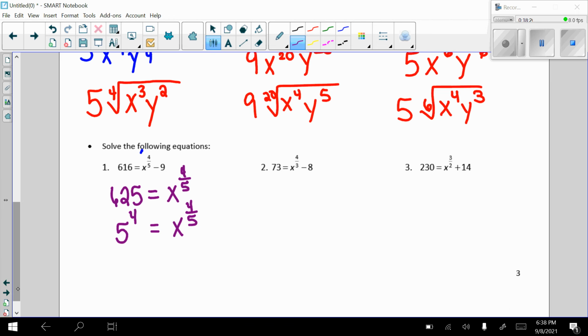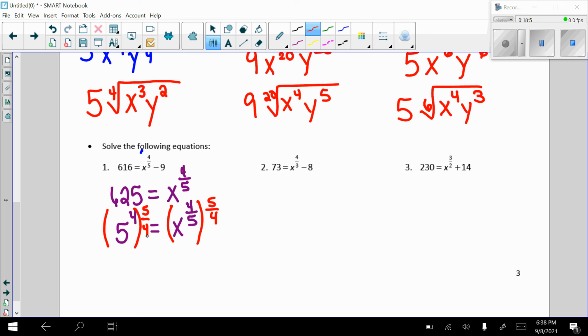How do we get rid of that rational exponent? Well, what we can do is raise each side to the reciprocal power. In other words, let's raise this side to the 5/4 power. And as long as we do the same thing to the other side, our equation will be balanced. We have one term on the left and one term on the right, so we're able to do that.